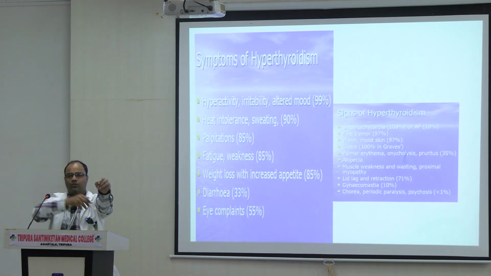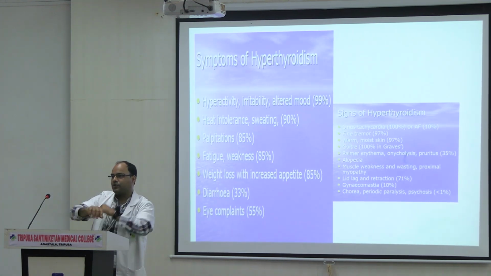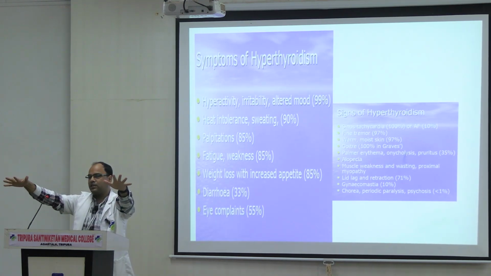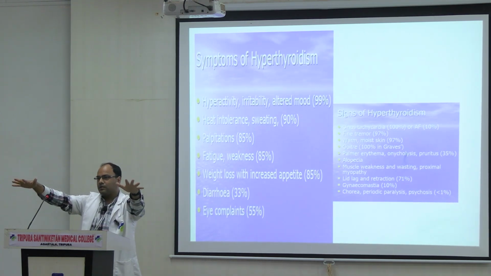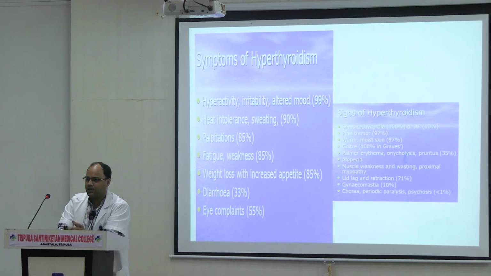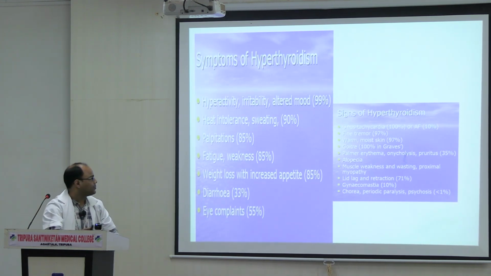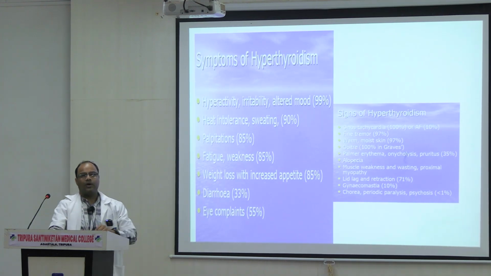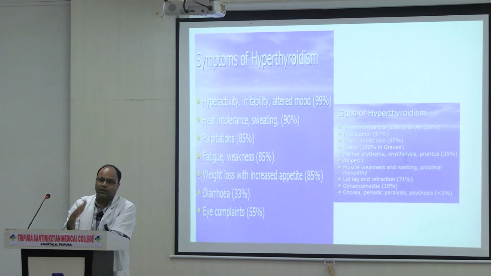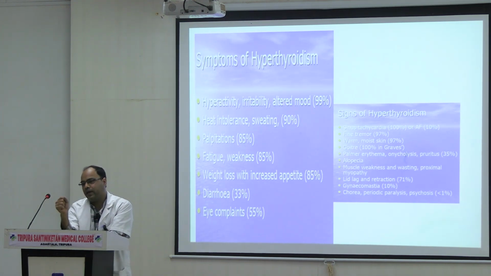If you ask the patient to extend his arms like this, you may find his hands are shaking. This is called fine tremor. This is a very important sign. If you shake hands with the patient, you may find his or her hand is very warm and sweaty.